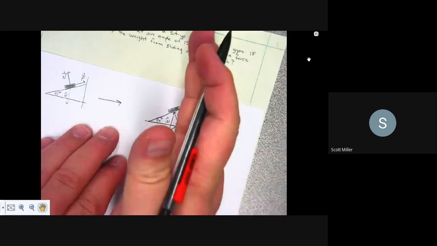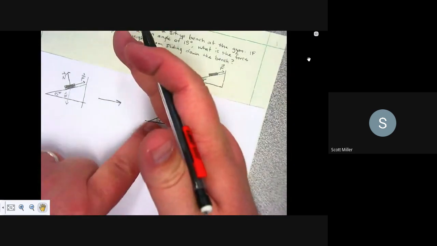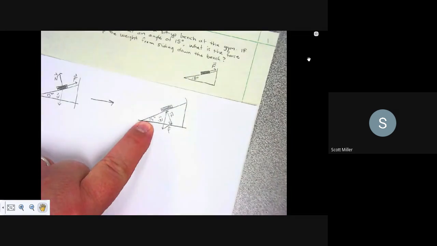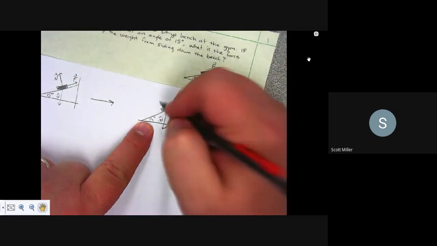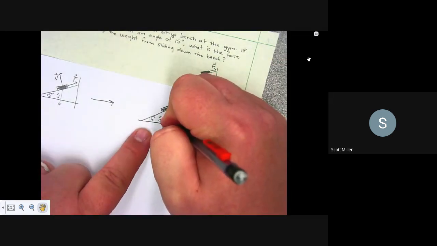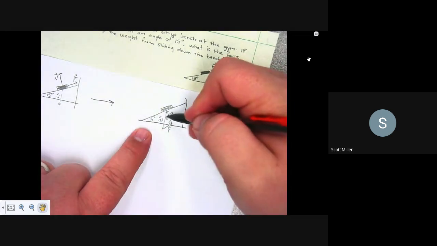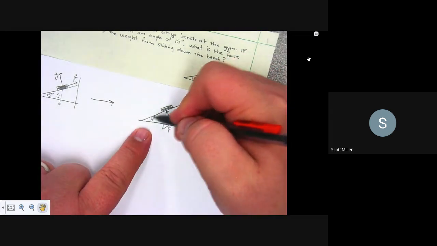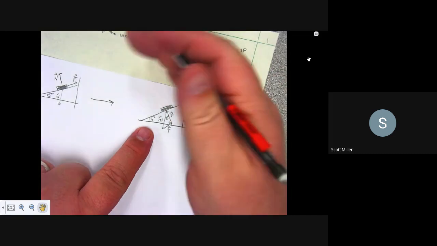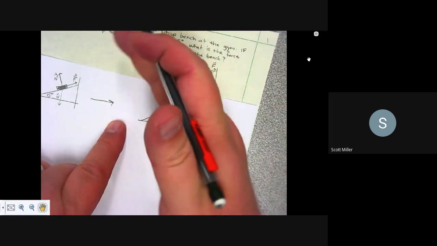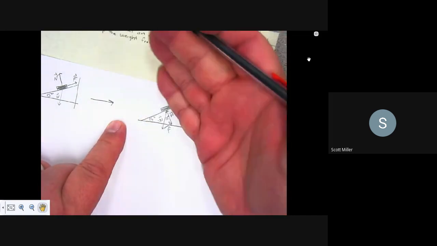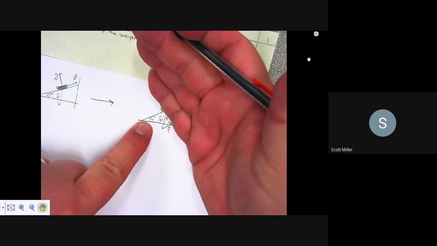It was pointing straight up, and when I tilt it, it's going to tilt the exact same degrees that I tilted the bench. And what that means is this is 15 degrees right there. This angle here is exactly the same as that angle there, because these two forces would have been on top of each other, and when I tilt it, it goes the exact same angle.